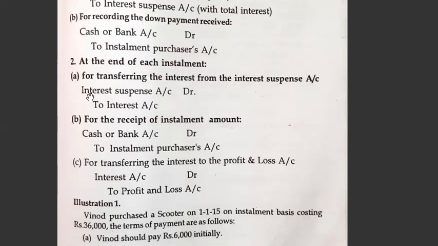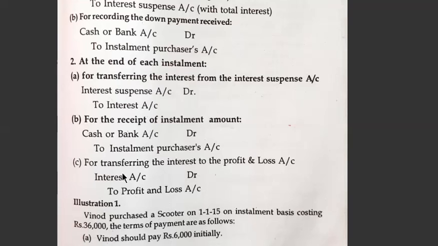At the end of each installment, for transferring the interest: Interest suspense account debit to Interest account. For receipt of the installment amount: Cash or bank account debit to Installment purchaser account.